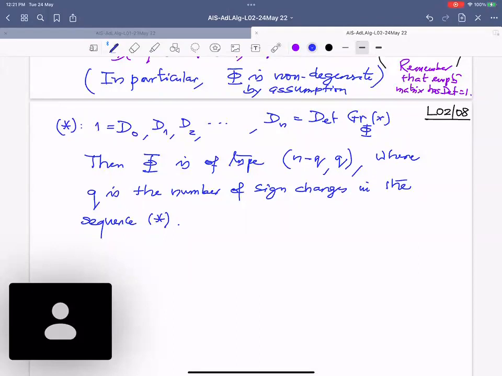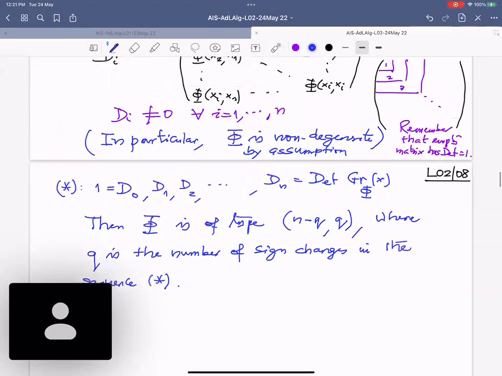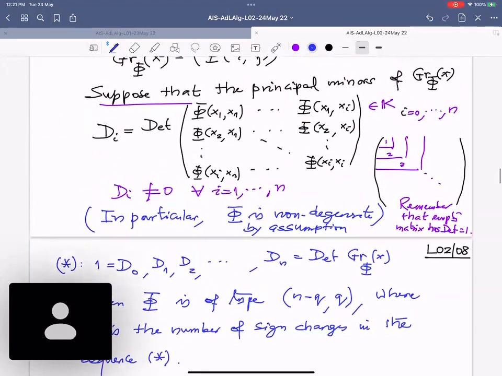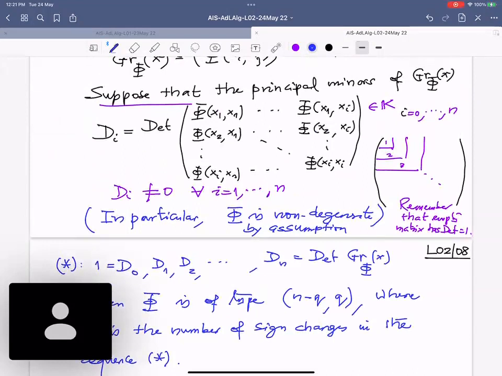They are determinants, and these matrices are symmetric, or Hermitian. And then we saw determinants are real numbers. Therefore, sign, positive or negative, makes sense.